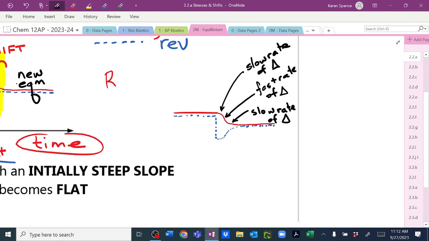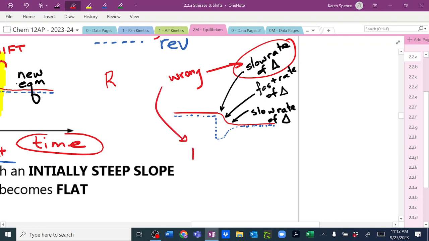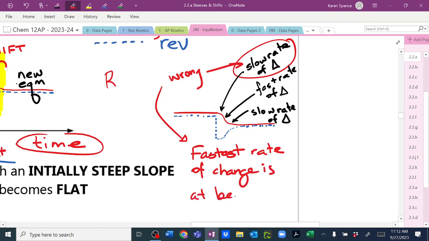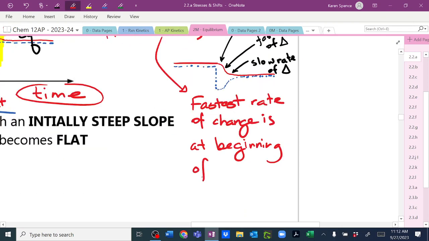No, it should be fast and then gradually get slower and slower and slower until it becomes 0. So this part here is wrong. The fastest rate of change is at the beginning. You want it to be steep and then gradually shallower and shallower. Yes.